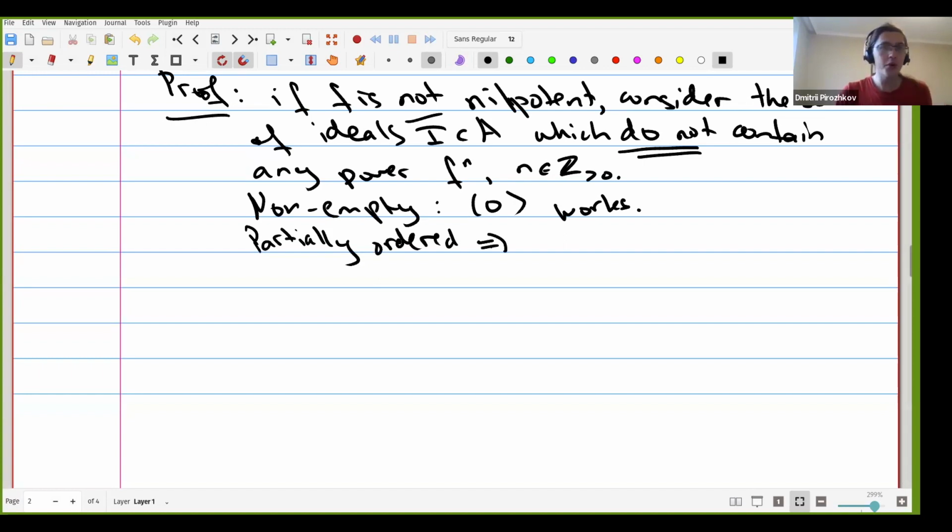And you can take unions of any chain of embedded ideals.